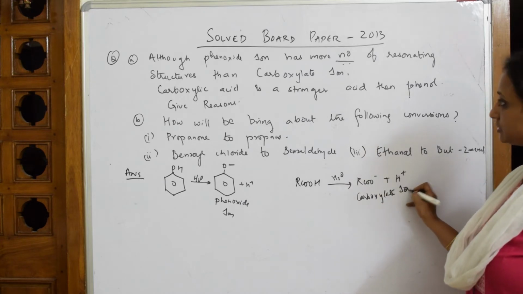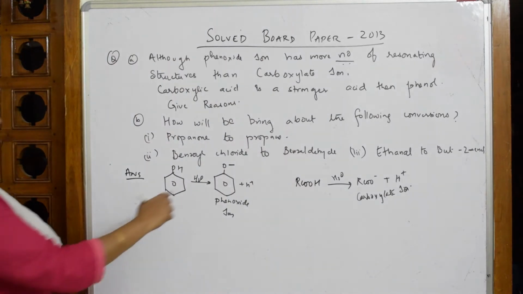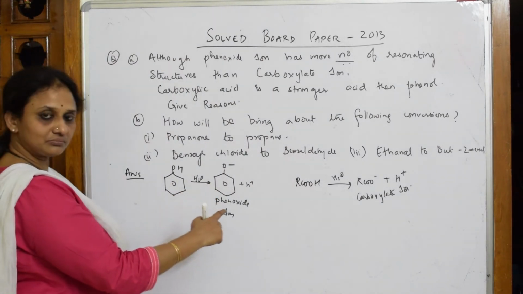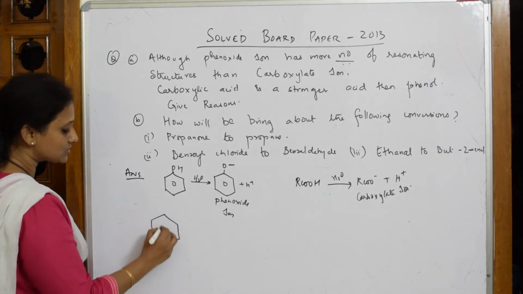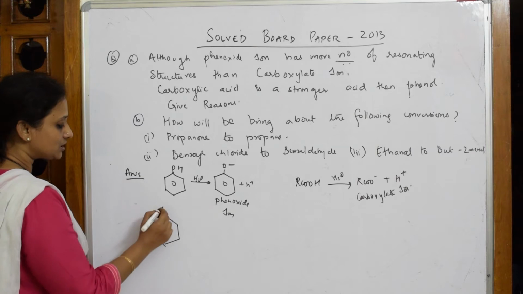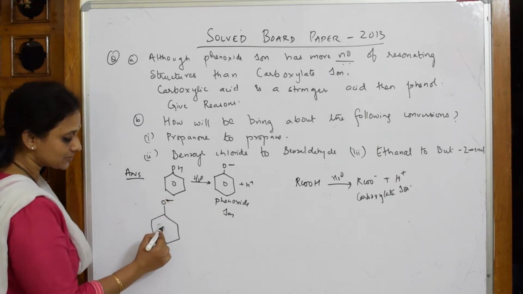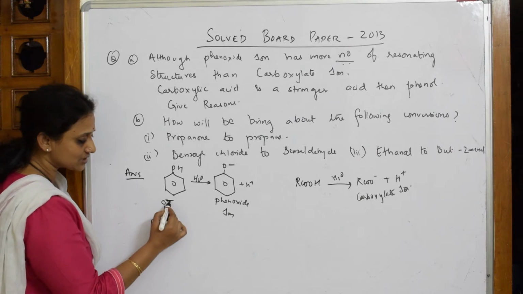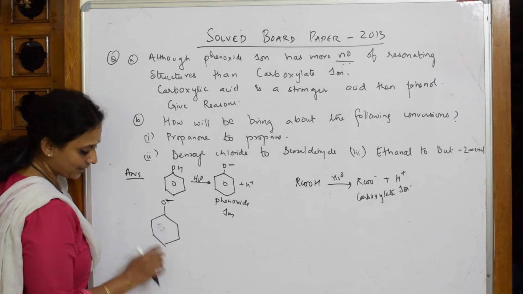Now what do they want us to prove? Carboxylic acid is the stronger acid. Now when I see this particular structure of phenoxide ion, we very well know in phenoxide the negative charge is delocalized inside the ring. It shows resonance. This shifts, again this shifts, again this bond shifts here at ortho, para and ortho.